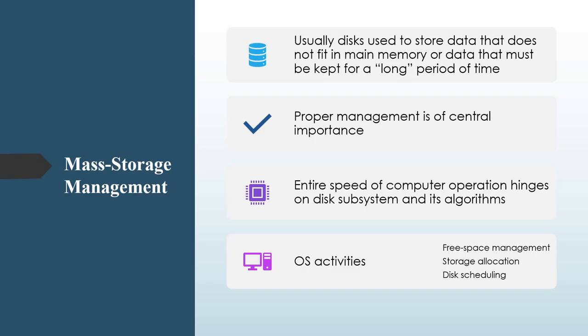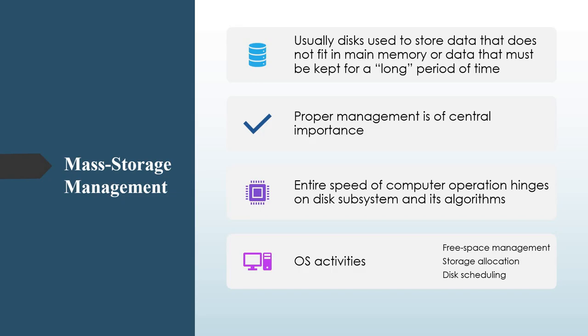When we come to mass storage management, usually the disk helps us store data that does not fit in the main memory. All the time we can't store the data in the main memory itself, so we take the help of the disk for long-term processes.